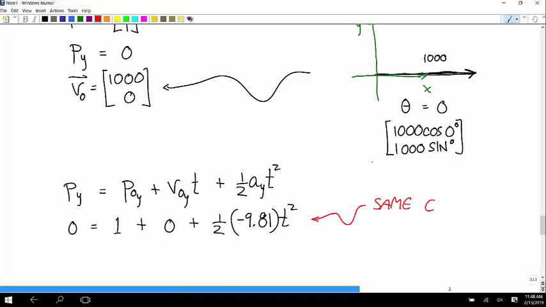And if you compare that to the equation we used in the first case, right now we have the same equation. And so the answer comes out the same. T is equal to plus or minus 0.455 seconds. The time we want is the positive.